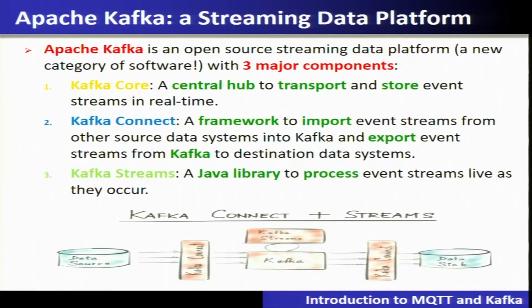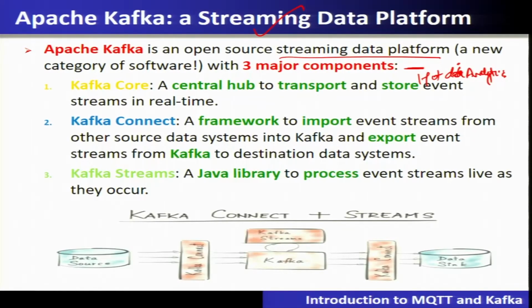Now, let us see the streaming data platform using Kafka. As we have seen, Kafka is an open source streaming data platform, and this is a category of software. As far as IoT is concerned, this particular data analysis is called hot data analytics, which is the streaming data analytics to be performed.